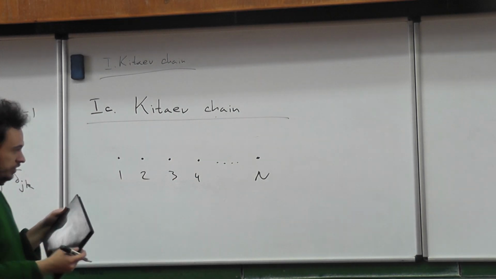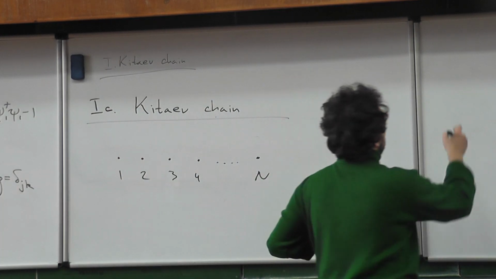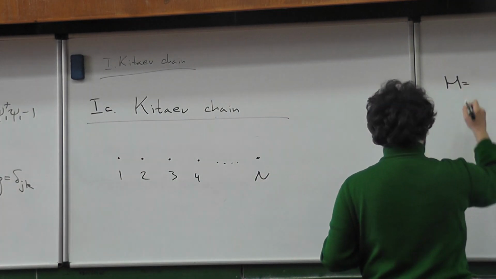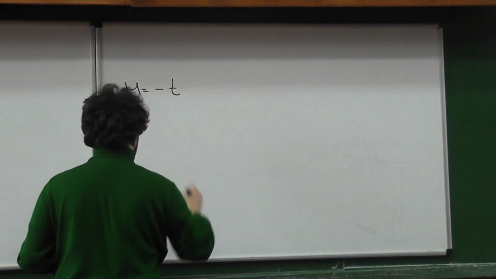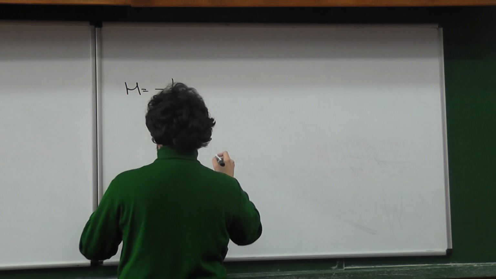And I have a Hamiltonian that governs my system. The Hamiltonian is going to have 3 terms.